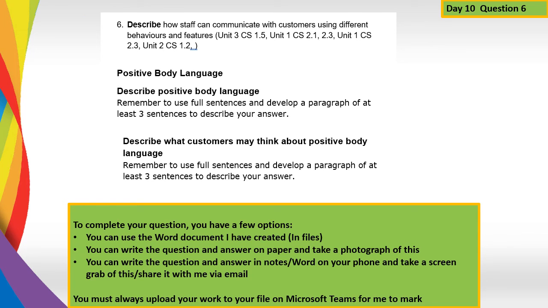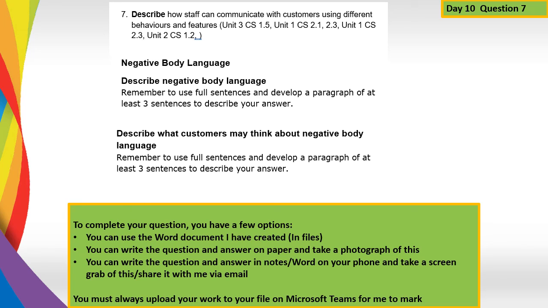Question 6, so it's the same as questions 4 and 5, but this time we're looking at body language. For positive body language, I'd like you to describe what positive body language is in 3 sentences minimum, and then describe what customers may think about positive body language.